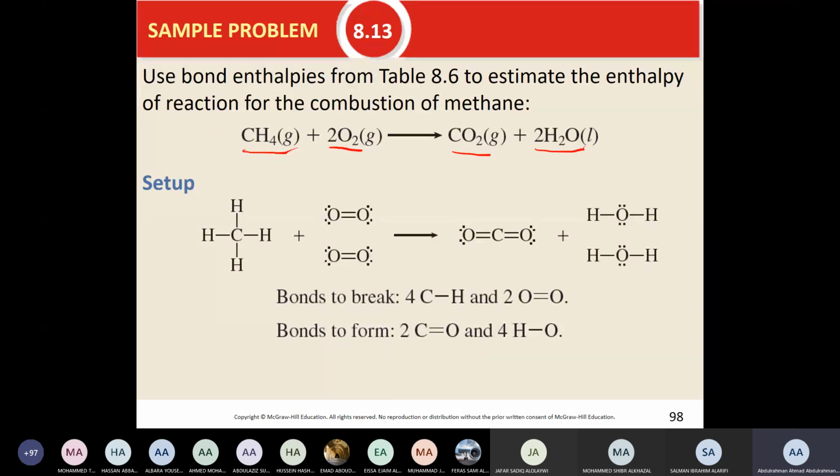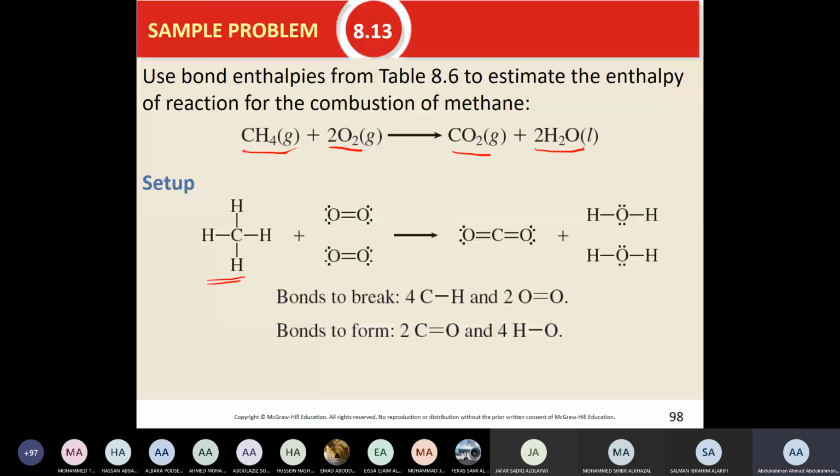What are the bonds that you broke in here? To start with this one, what are the bonds that you break? You broke all the CH bonds. How many CH bonds do we have in this structure? 4. 1, 2, 3, 4.